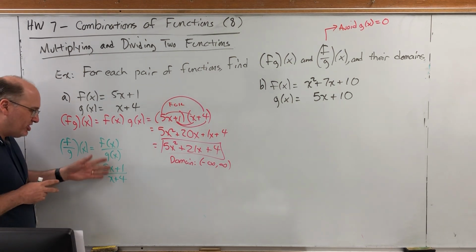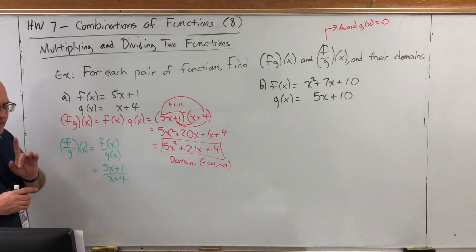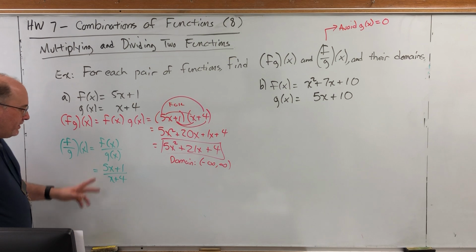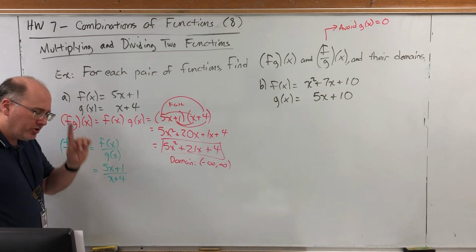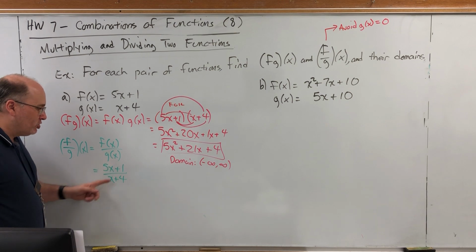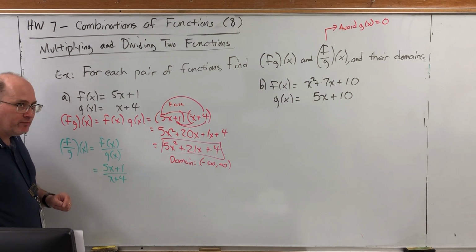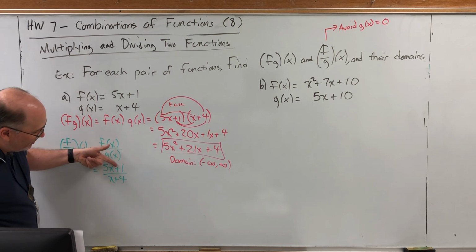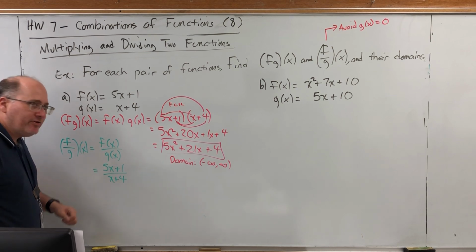Resist the temptation to cancel the x's. There's a very strict rule for when you can and cannot cancel in a fraction. In a fraction, you can only cancel parts of multiplication problems. You cannot cancel parts of addition and subtraction problems. So I cannot cancel the x up here. It's part of an addition problem. Same thing down here.